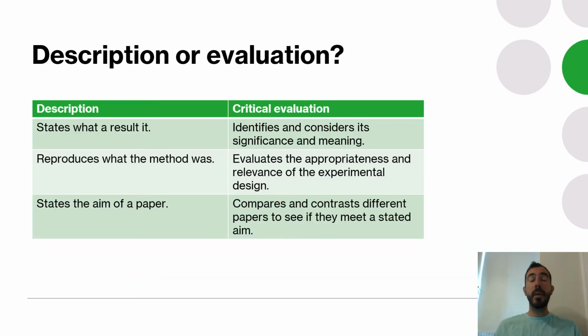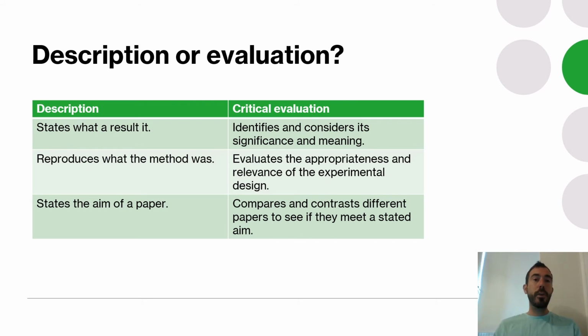You can find many resources online that provide examples of descriptive writing versus evaluative writing. But here are just a couple of statements for you. Description could be when you state a result that you have read in a paper. Critical evaluation would identify and consider the relevance and significance of this result and its meaning to your work and to other published pieces.